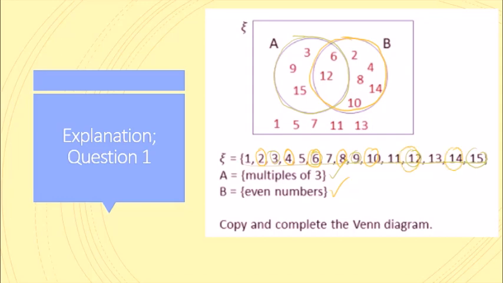Again, you can see that 2 of these numbers are circled twice, the 6 and 12, so therefore they would go in the middle, and the rest of the numbers would go on the right hand side of circle B. The numbers that are left over, so that is 1, 5, 7, 11 and 13, go on the outside. So that is a completed Venn diagram for that question at level 1 of Venn diagrams.